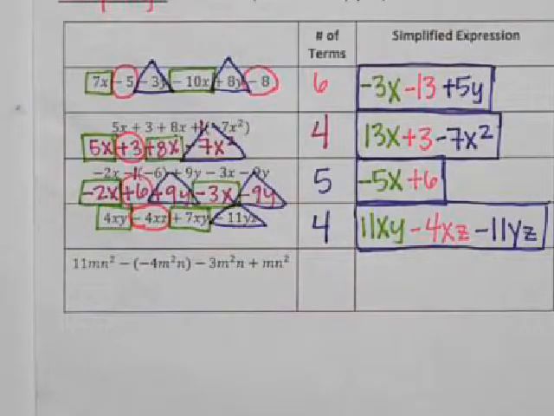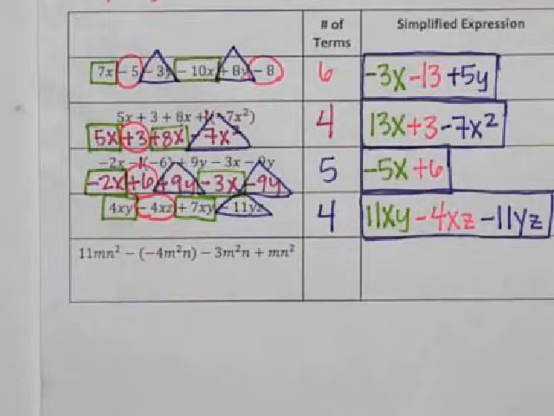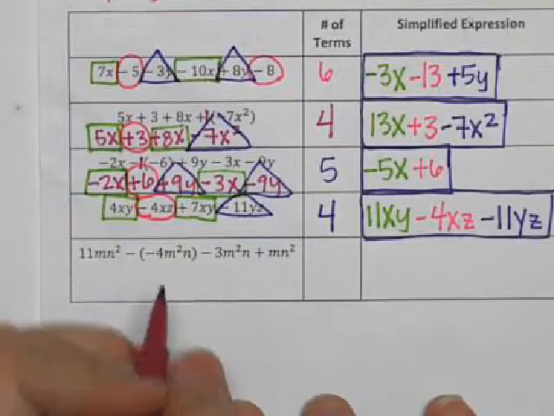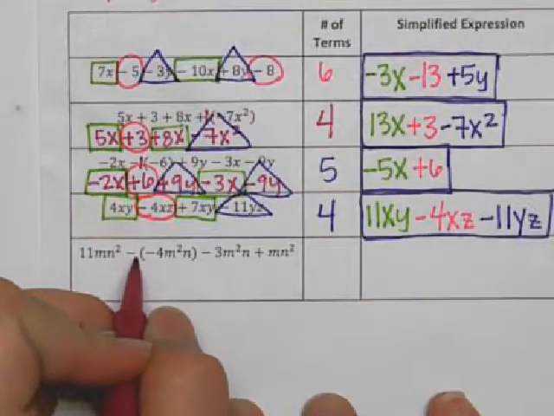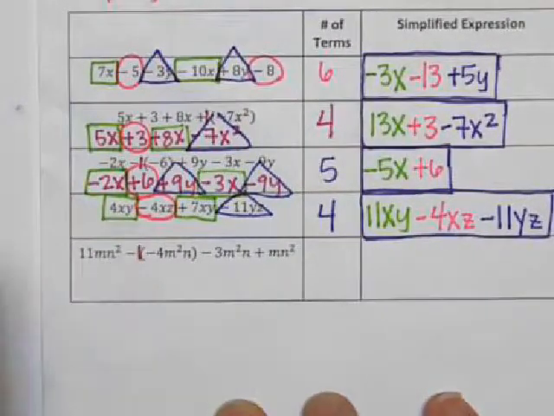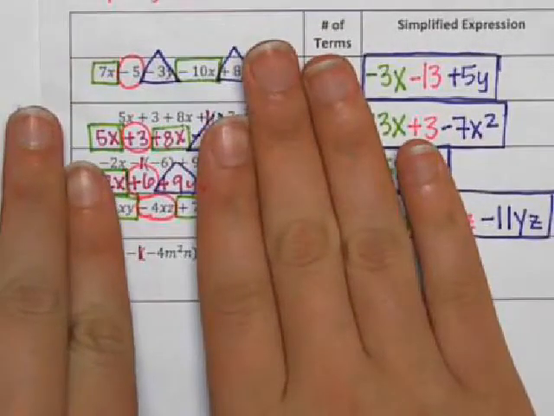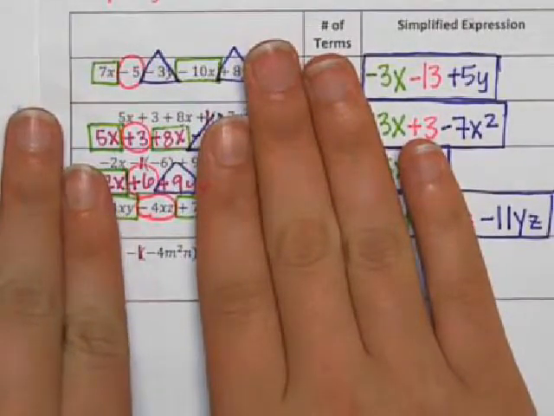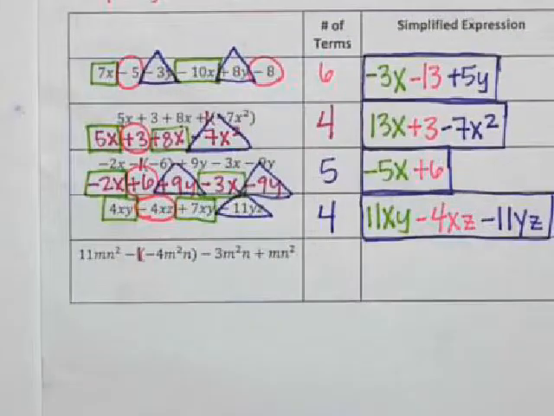Okay, last problem. I've got parentheses, so the first thing I need to do with these parentheses is multiply to get rid of it. Okay, so the number on the outside, there's not one. There's just a negative symbol on the outside. So I'm going to put a 1 here. And now, if I cover everything else up, it becomes -1 times -4.